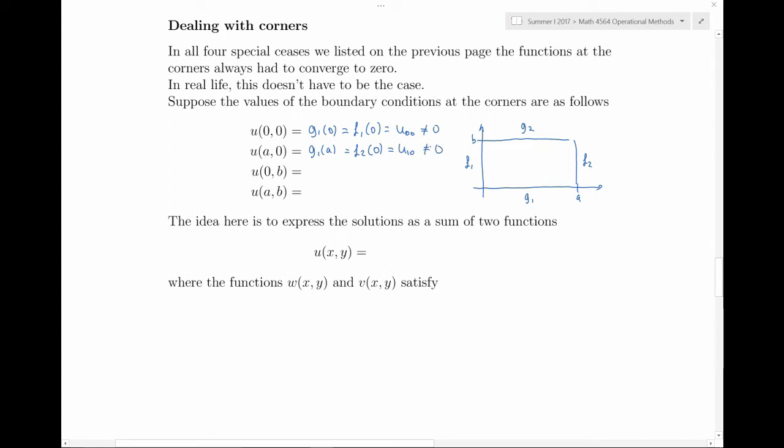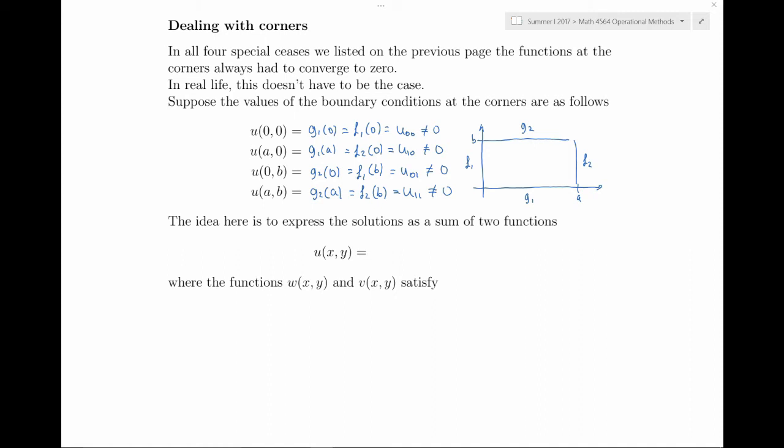Or u of 0, b, which is g2 of 0, which should be equal to f1 of b, and that is something that I'm going to denote u01, and that might be non-zero. And uab, which equals g2 of a, and should be the same as f2 of b, might be non-zero. So what if I have boundary conditions prescribed so that the corners are not 0? Then these 4 subcases are not going to help us.